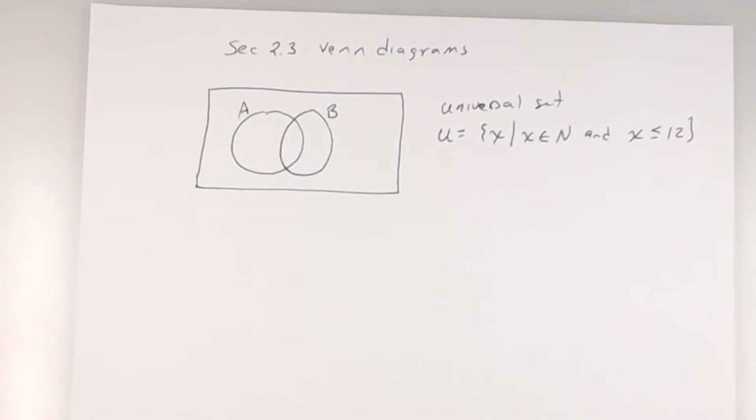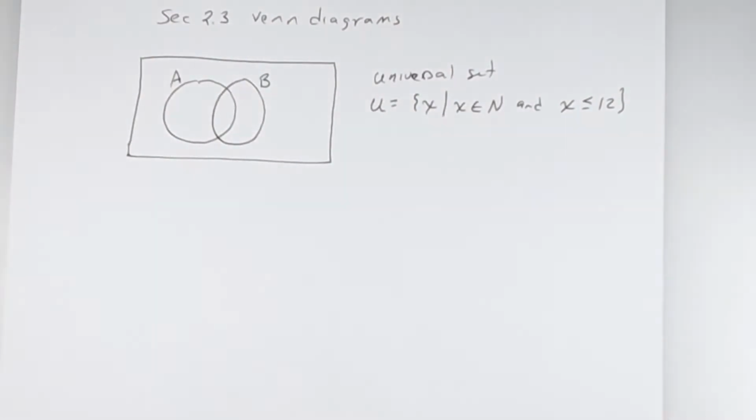12, because this says my universal set contains all the natural numbers that are less than or equal to 12. On that worksheet you did last week, we saw that a good thing to do is actually list, and by the way, this is in set builder notation. There are times when you may want to write this as a roster.